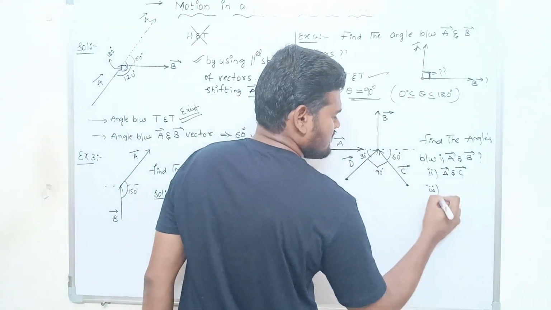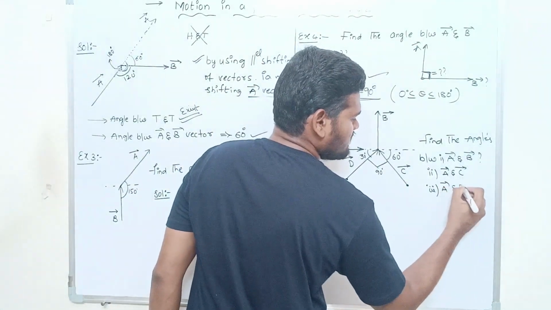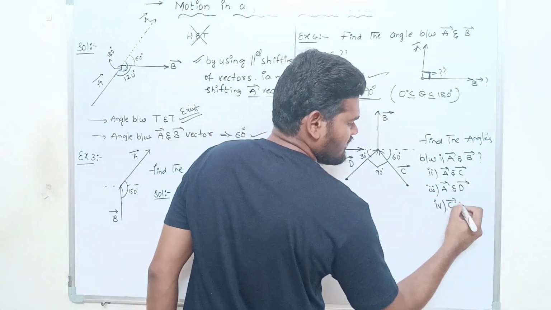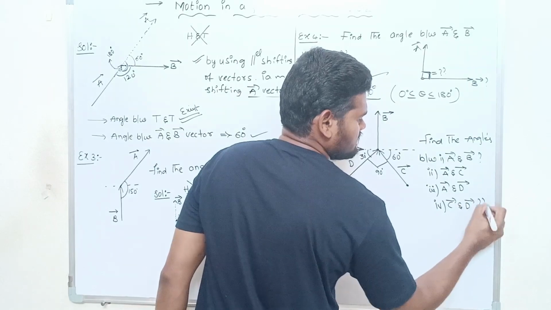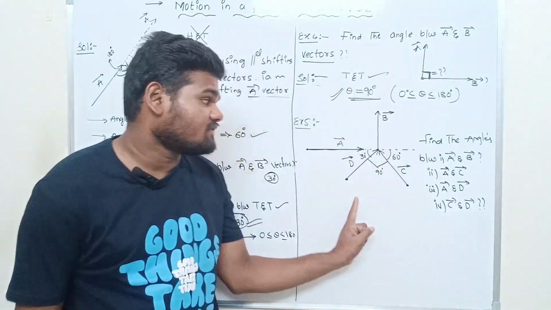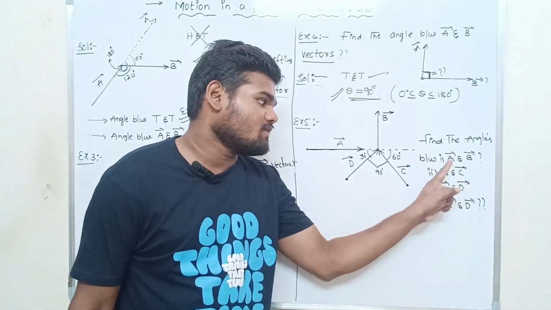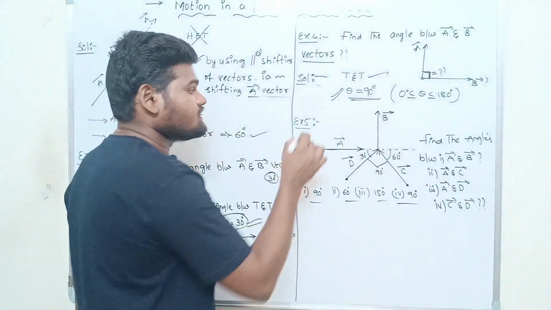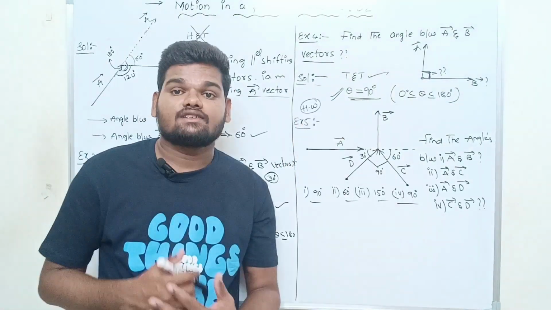Third one, a bar and d bar. Fourth one, c bar and d bar. So this is the given diagram and they are asking to find the angle between a bar and b bar, a bar and c bar, a bar and d bar, c bar and d bar. This is your homework problem. So try it once.